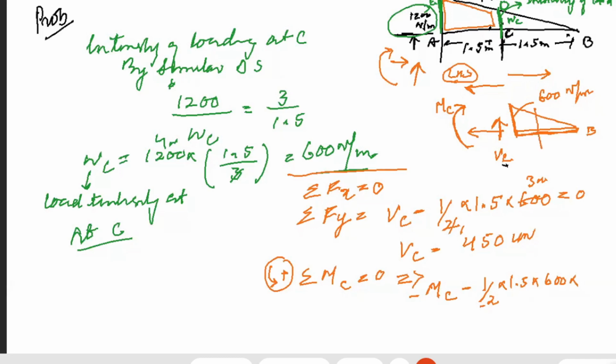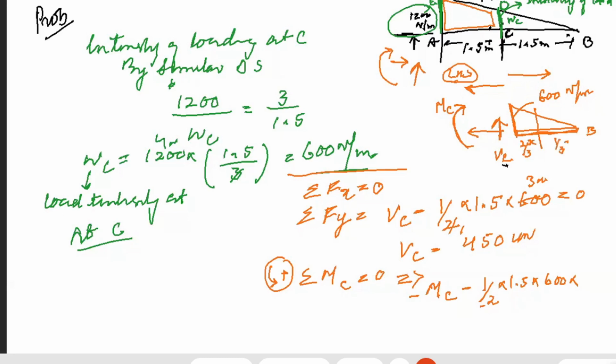Can anybody tell me that? We usually take this as 2 by 3 or 1 by 3 of 1.5.